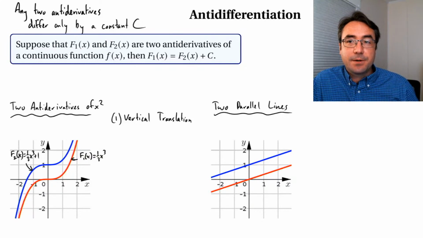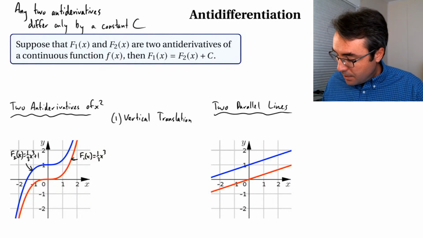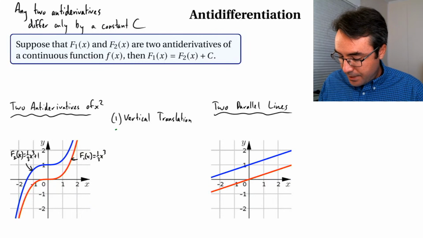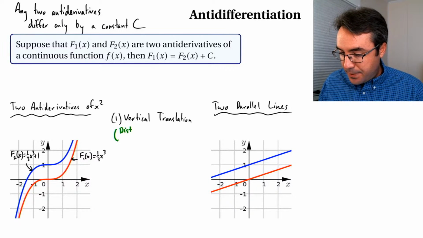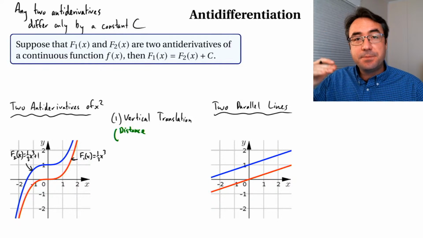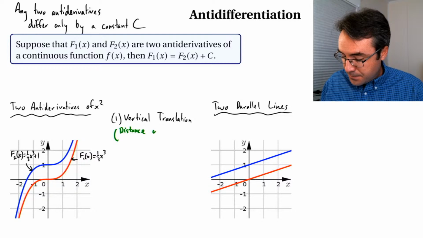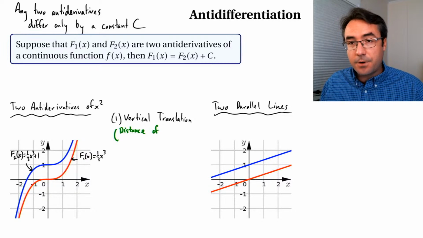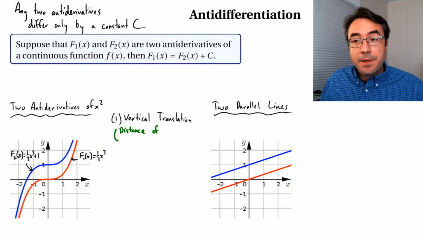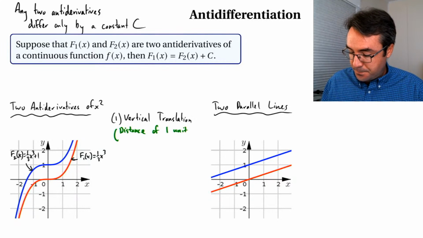So what does it mean to be a vertical translation? For our little example here, if we were to pick any two corresponding points, the distance between those two points is always going to be constant. For this particular example, we have a distance of 1 unit between corresponding points.